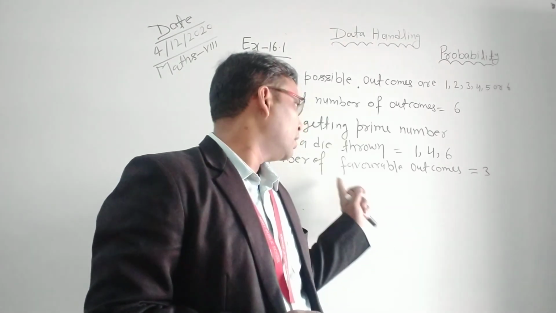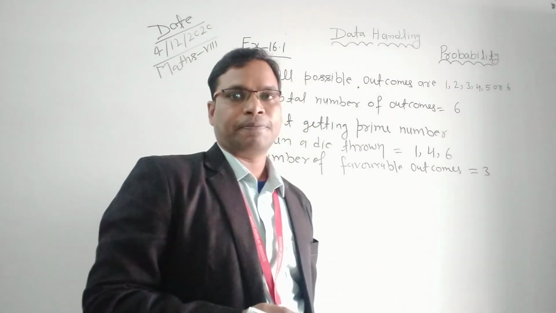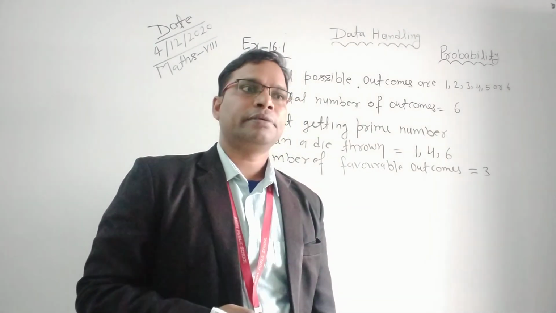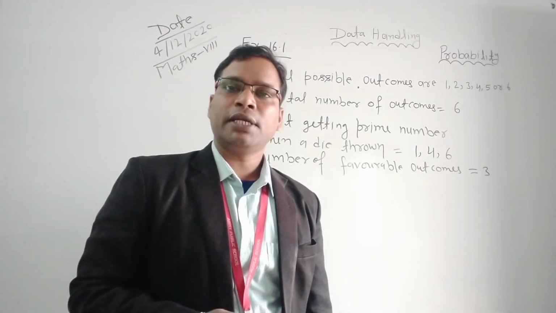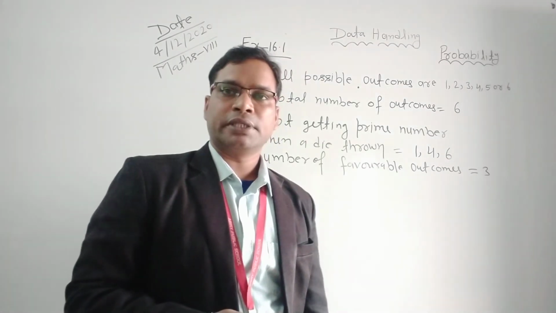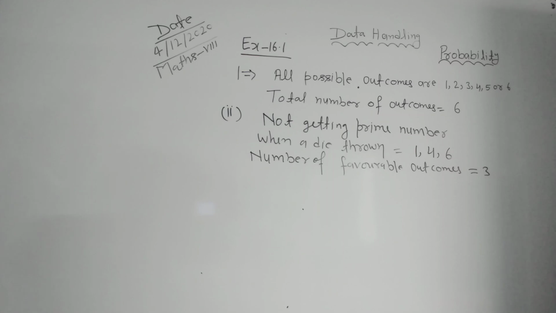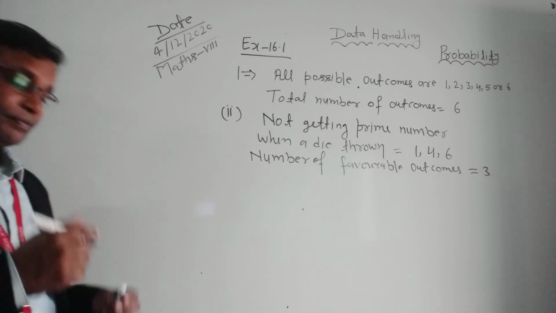So the number of favorable outcomes is 3, because you need to find the probability of getting a non-prime number. This is clear, and now you know very well the formula to find probability.